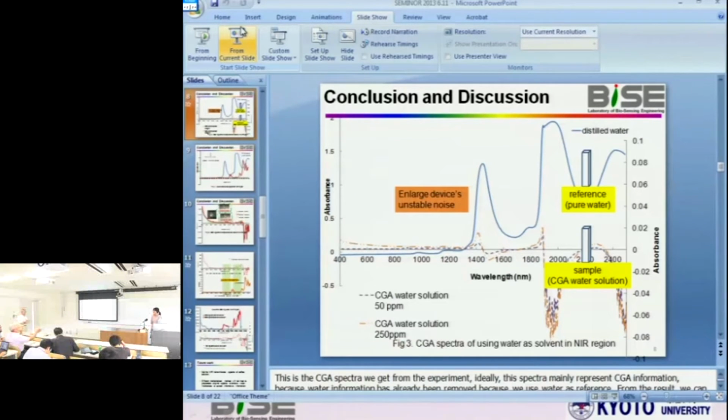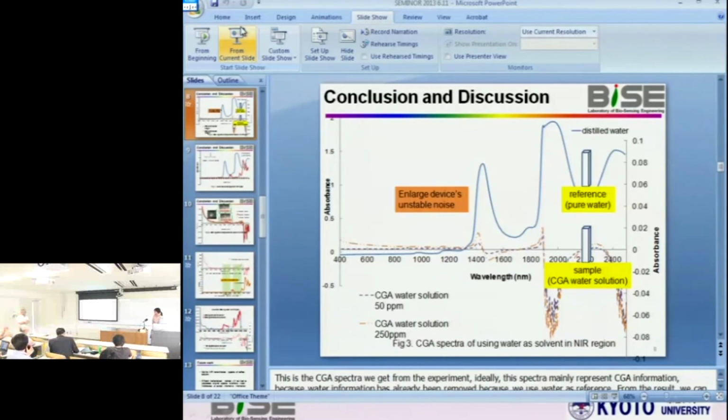In theory, if you are subtracting your reference from your sample, and both are the same, it should be flat. Yes. But the device may contain noise, so it's related to the quality of the cells, or maybe the light source is unstable.